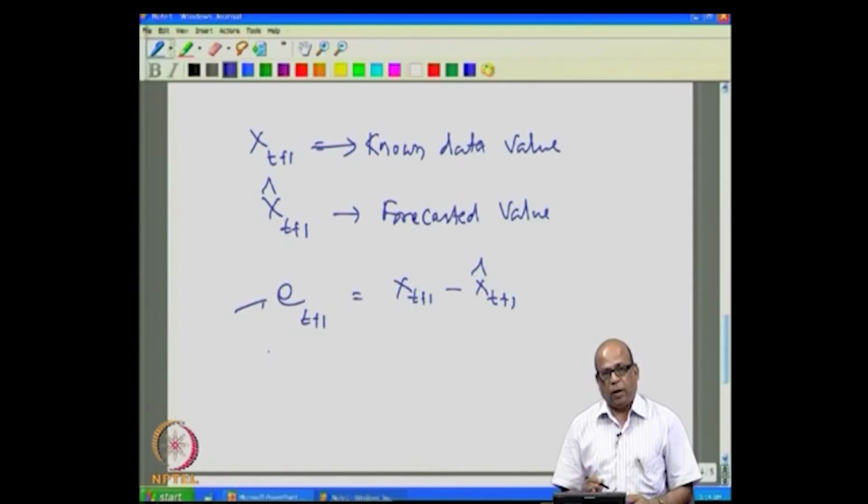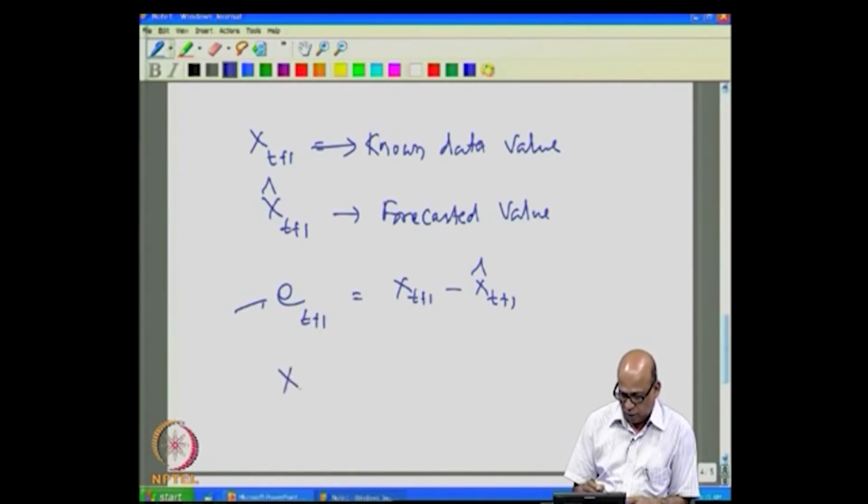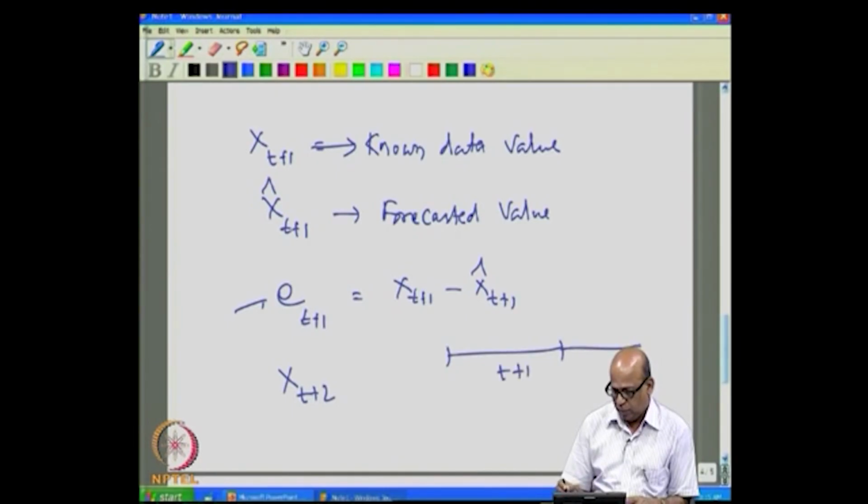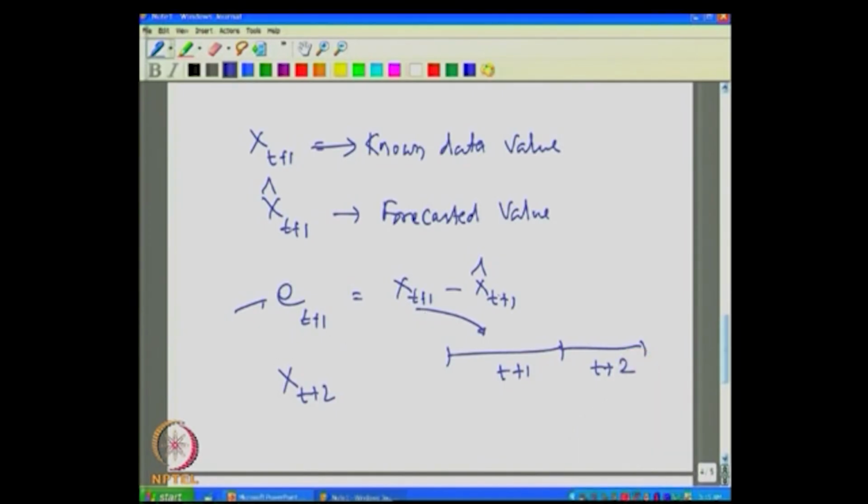Now, we are writing for the remaining n by 2 time periods. So, next time when I go, let us say that I want to write for x t plus 2 now. So, I finished my forecasting problem for t plus 1. So, I come to t plus 2. When I am writing for the next time period, we use the actual value that is known, x t plus 1, to get the forecast for x t plus 2, not the forecasted value, remember, because this data is already available.